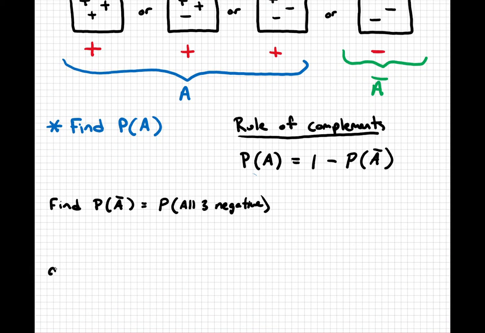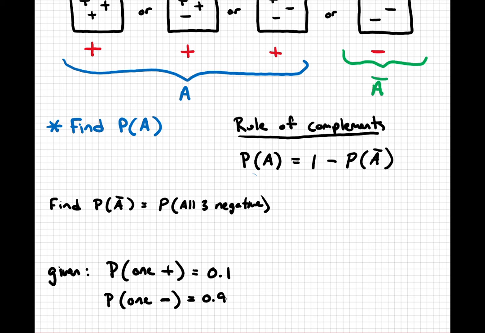So we're given the probability of 1 positive, 1 plus sign, is 0.1, which means the probability of 1 negative is 0.9. Okay, so the probability of a single negative test is 0.9.